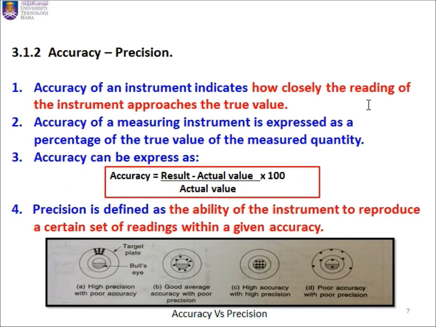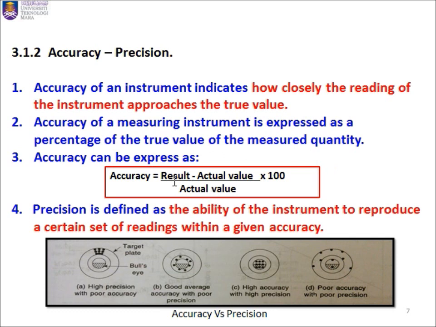Okay, next is accuracy and precision. So what is accuracy? It is how closely the reading of the instrument approaches the true value. Accuracy of a measuring instrument is expressed as a percentage of the true value of the measured quantity.